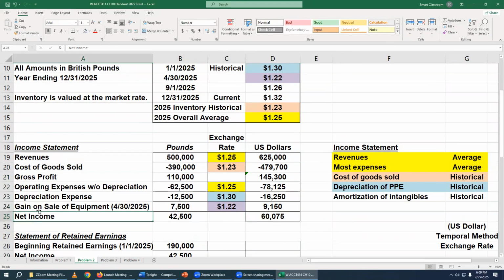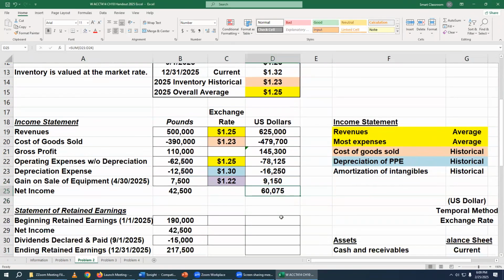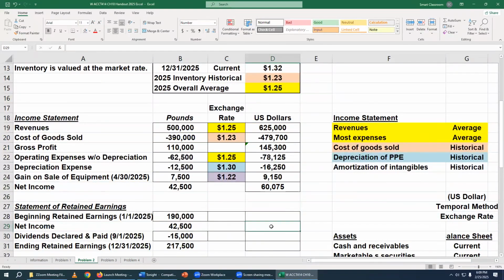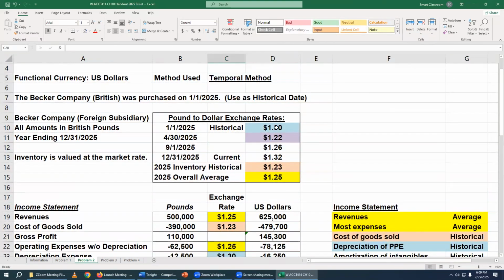We're actually going to add something else up here in a little bit, but this is what we'll have right now for a net income. Okay. So our net income is that. Beginning retained earnings, we'll go back to the historical from the beginning, which is 130.